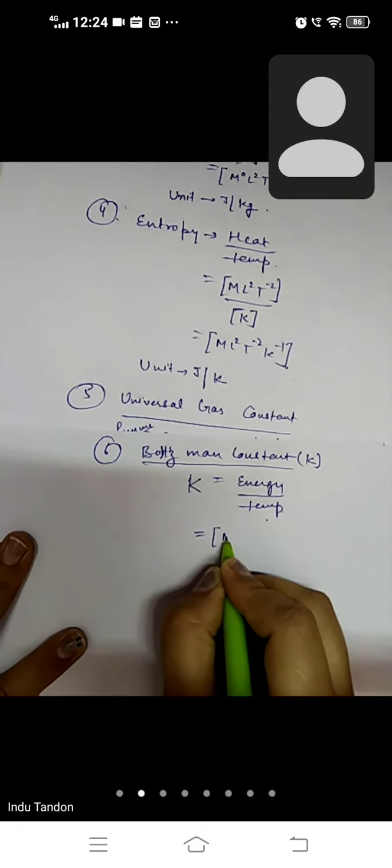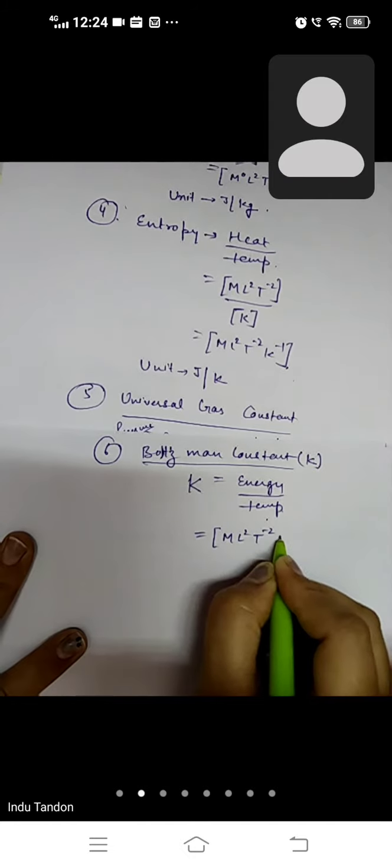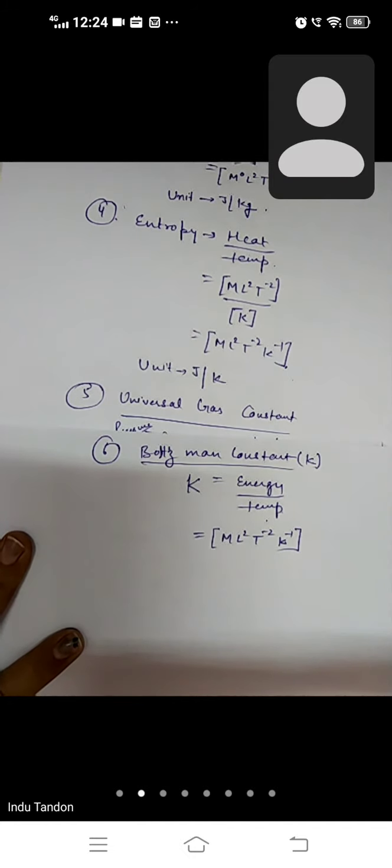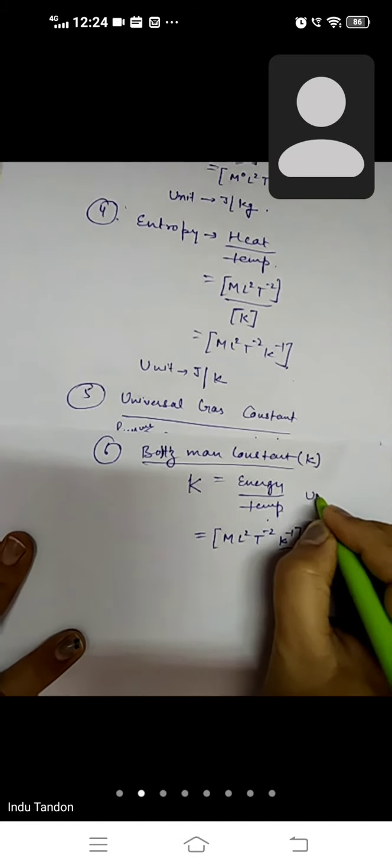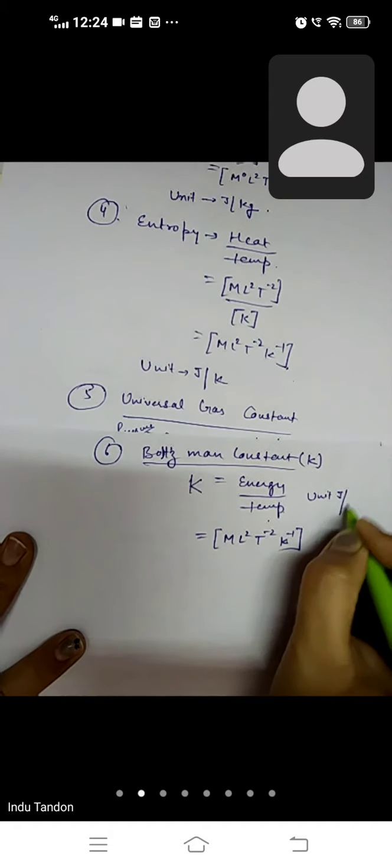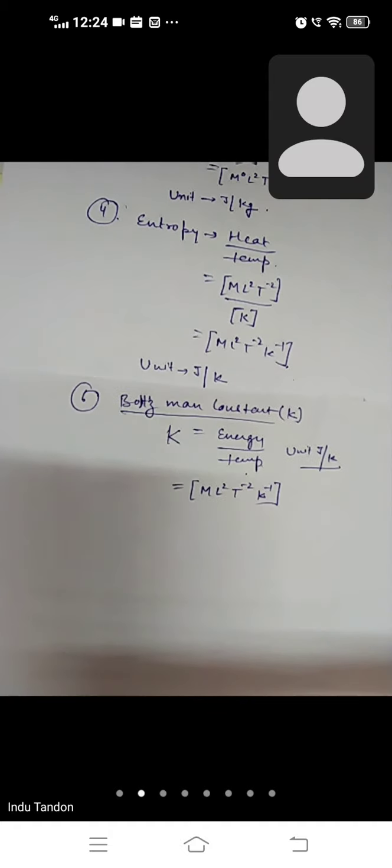In entropy also it was heat divided by temperature. Here Boltzmann constant K is energy divided by temperature, ML²T⁻² Kelvin inverse, and its unit is joule per Kelvin. Is it clear, beta? Yes, ma'am.